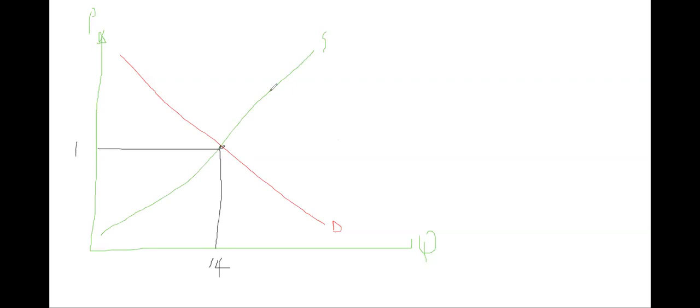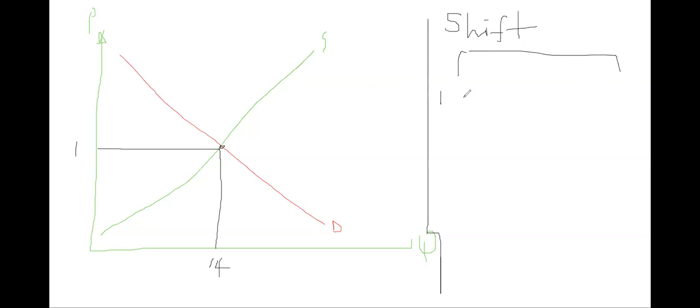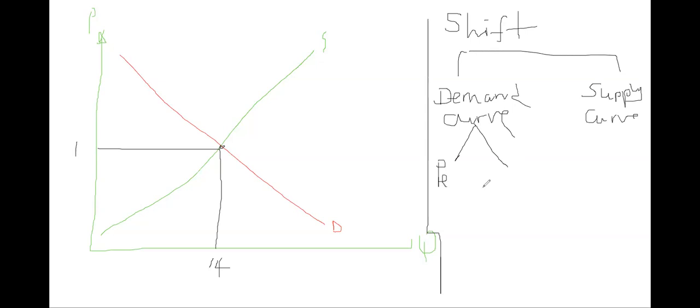So let's say that there is a shift. Remember, demand or supply can shift. If there is a shift in demand or supply curve, let's say a shift in demand, how is this going to affect the equilibrium price, that PE means equilibrium price, and how is it going to affect equilibrium quantity?